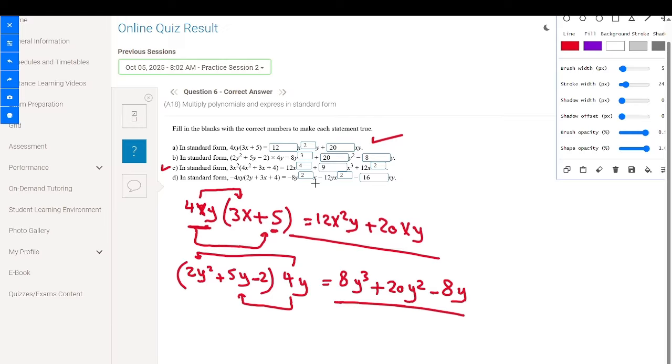Now number C, we have 3x squared multiplied with 4x squared plus 3x plus 4.